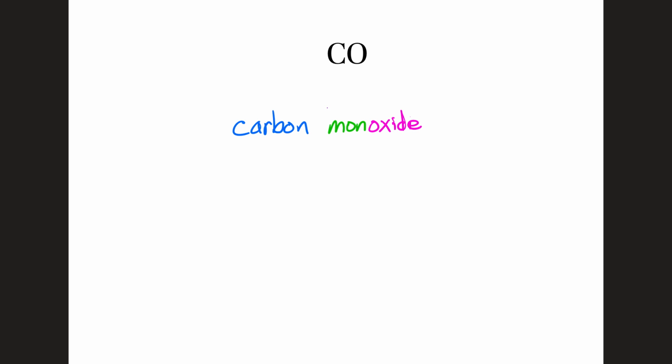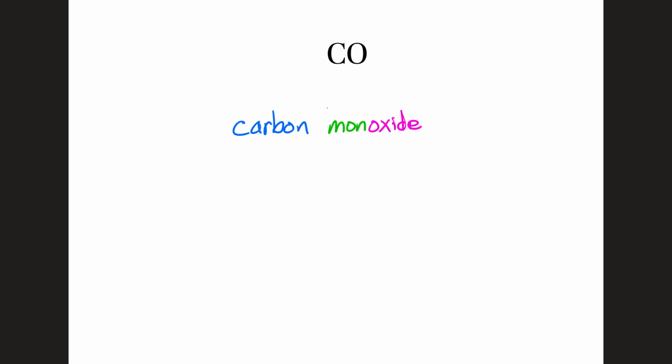So it would be carbon monoxide. So remember, no prefix is needed if there is just one of the first element. If there's one of the second element, you do need the prefix mono.